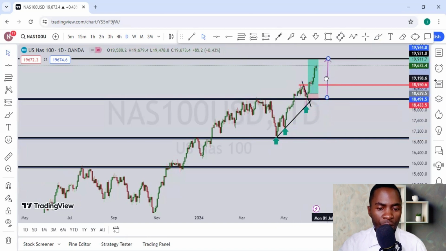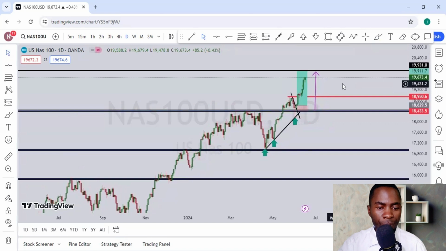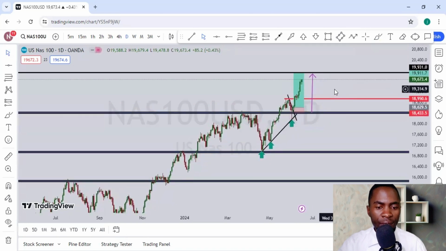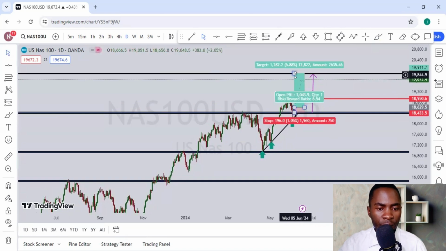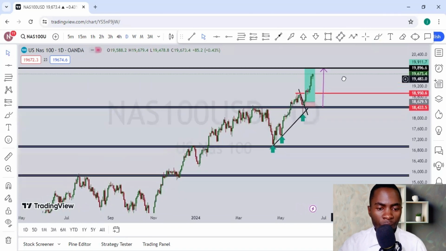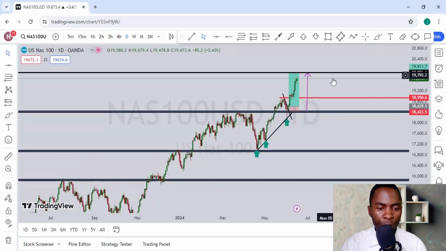I took that measurement and put it on the top, where the market has now broken out from. And you can see very clearly this market is heading to my black line around here. This is my target for my TP2, where I'm expecting to take my profit.